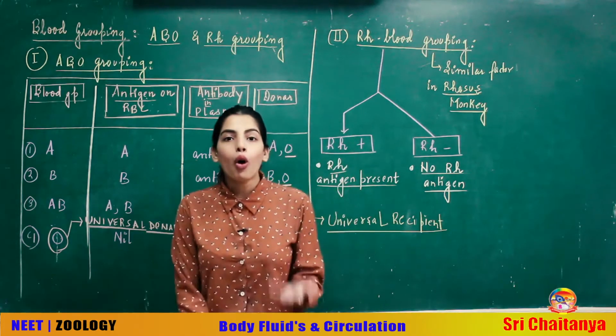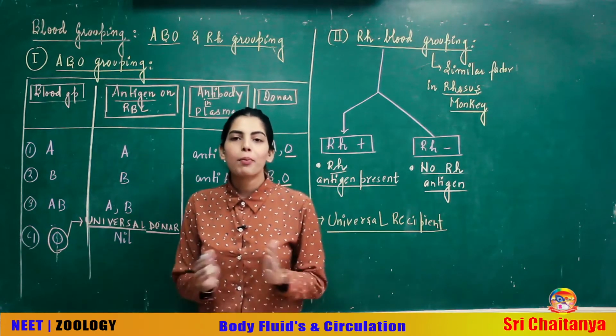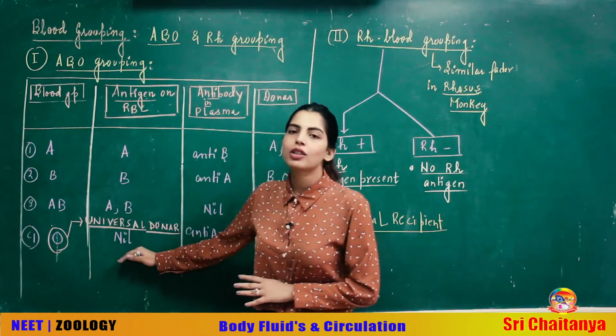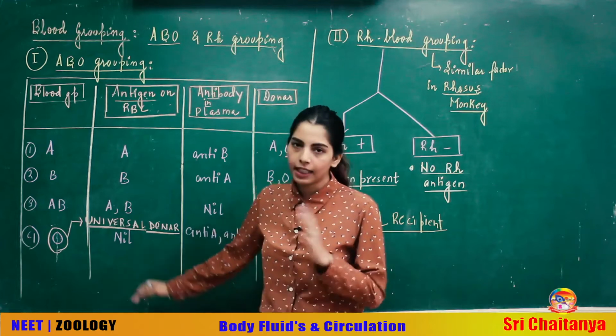If I am saying O blood group, O means the person is having no antigen on the surface of RBC. Is it clear?